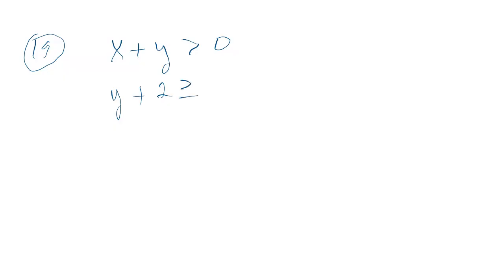I think I'm done. Nope, 19. Graph the solution set of inequalities. Y greater than negative x, and y plus 2 is greater than or equal to 0. I'm going to get these in the y equals mx plus b form, so this transforms into y is greater than negative x, and the second one transforms into y is greater than or equal to negative 2.